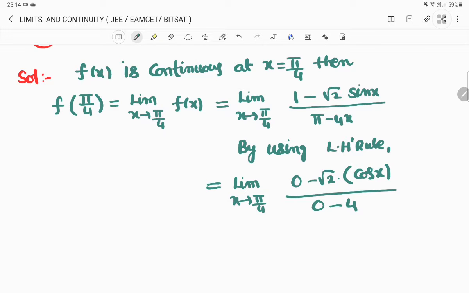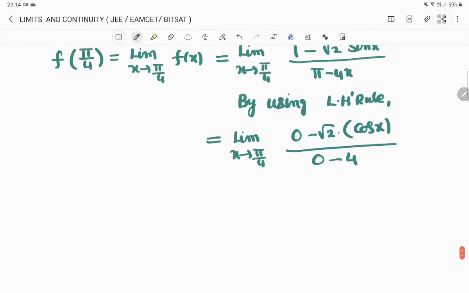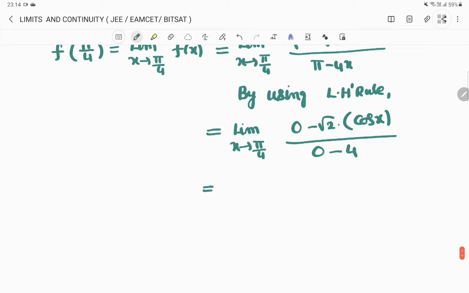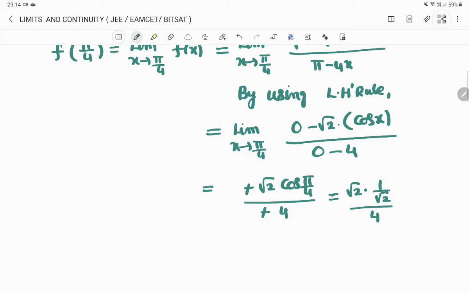Here x is equal to pi by 4, if we substitute, minus root 2 into cos pi by 4 by minus 4. Here minus gets cancelled. Root 2 into cos pi by 4 is root 2 by root 2, so it gives 1 by 4.